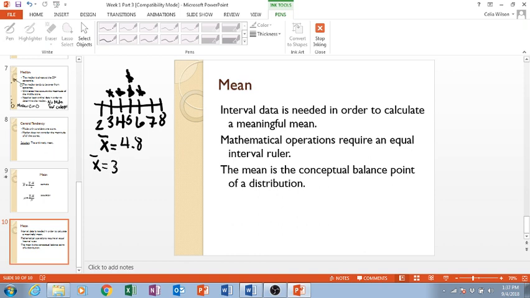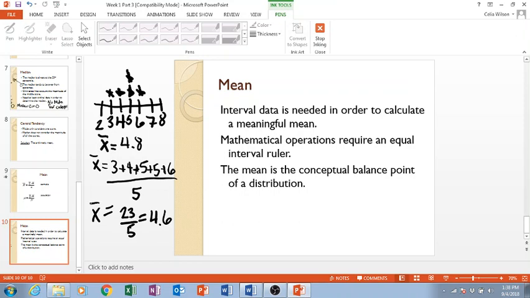So I'm going to say 3 plus 4 plus 5. Now here we go. Don't forget your other 5 because that's a real common mistake. 5 and a 6. And I'm going to divide by how many scores I have. I have 1, 2, 3, 4, 5. So that is going to equal 23 divided by 5, which equals 4.6.